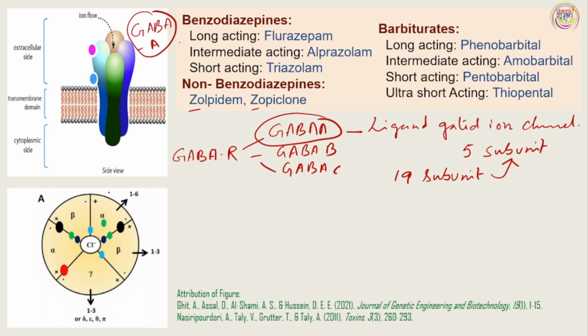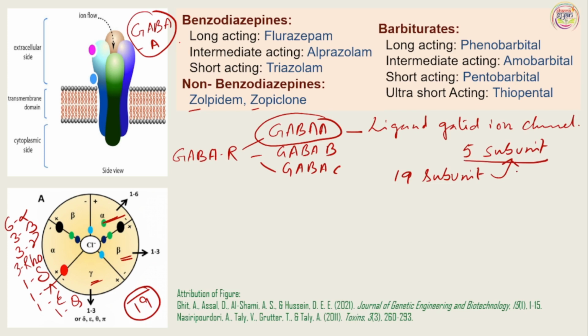What are the 19 subunits? 6 alpha subunits, 3 beta subunits, 3 gamma subunits, 3 rho subunits, one delta subunit, one pi subunit, one epsilon subunit, and one theta subunit. So 19 subunits in total, out of which the receptor is composed of 5 subunits.